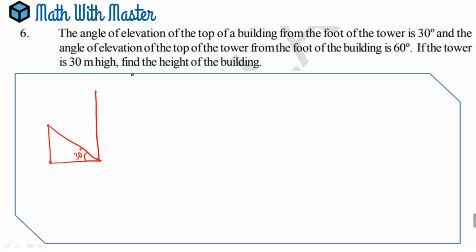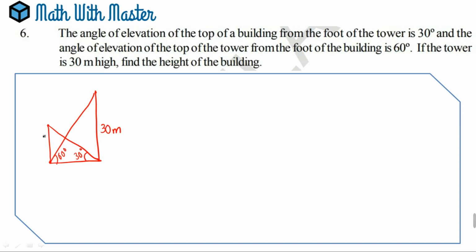And the angle of elevation of the top of the tower from the foot of the building is 60 degrees. So from the foot of the building to the top of the tower is 60 degrees. So if the tower is 30 meters high, then find the height of the building.